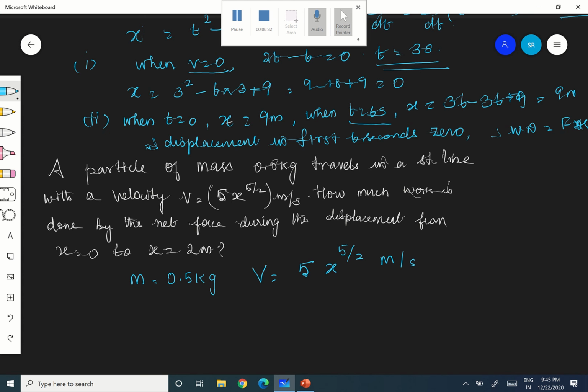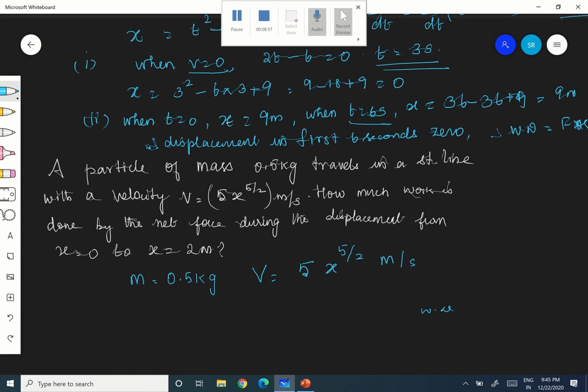How much work is done by the net force during the displacement from x equal to 0 to x equal to 2 meter? Very important here. You have to find out the work done.